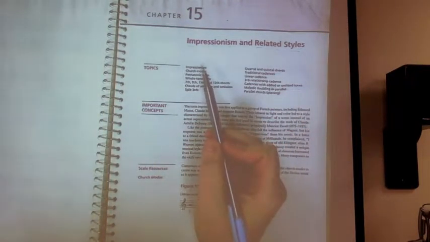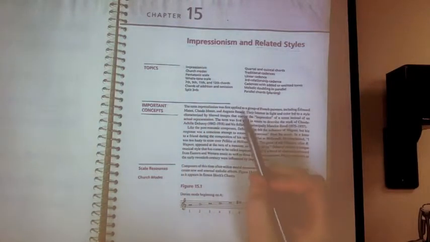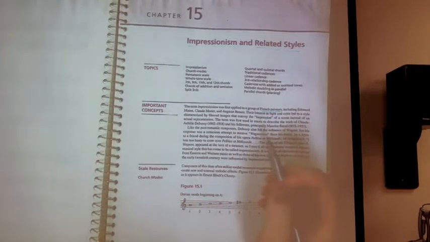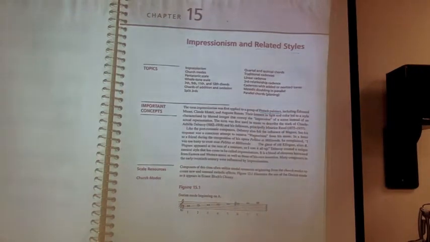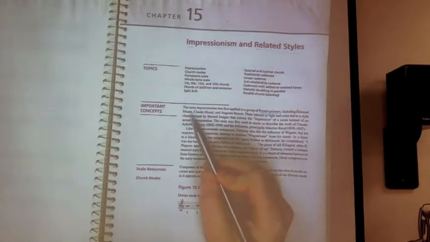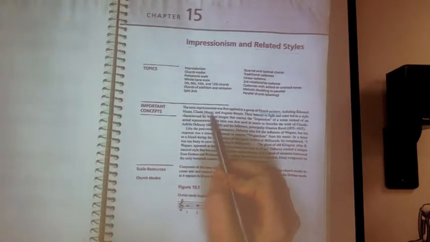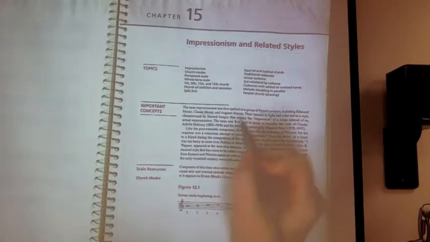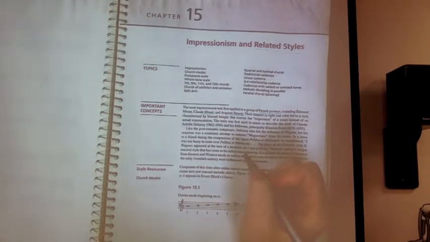It was first applied to a group of French painters, and you've probably seen some of these paintings before. I will post links to the actual paintings, but anything by Manet, Monet, like the Monet water lilies, Auguste Renoir, Mary Cassatt, Degas, the person who painted all the ballerinas.